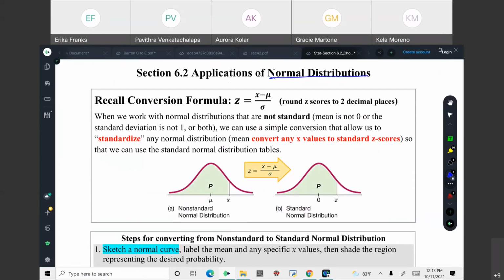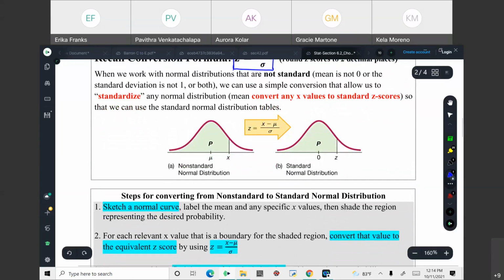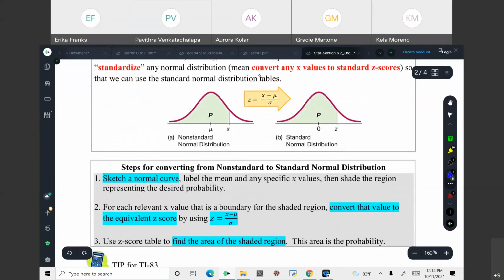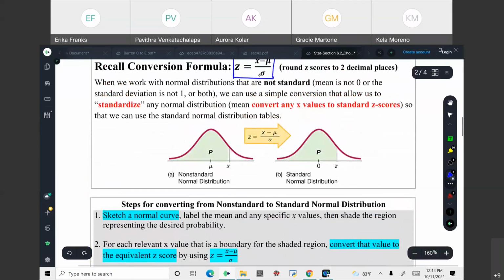Okay, and we know that we have this formula. We had studied this in the previous chapter also. That is, z-score is equal to x minus mean divided by standard deviation, and we used to take x as some data value, the value which was given in the data set, right? Now using the same thing, we are going to find the x and we are going to rearrange this formula.